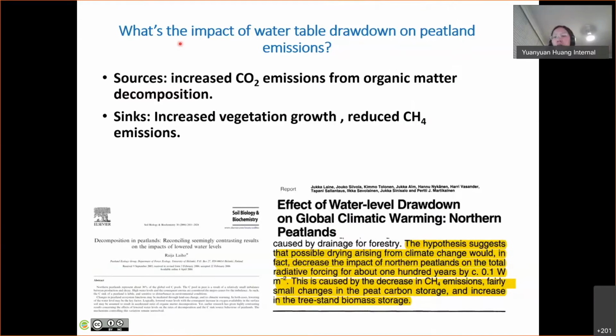But there are also studies pointing to the peatland acting as a carbon sink because field experiments indicate that lowering the water table stimulates vegetation growth, which takes up more carbon dioxide from the atmosphere, and it also reduces methane and other greenhouse gas.